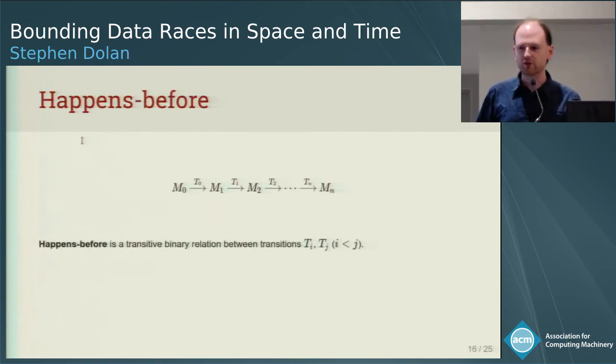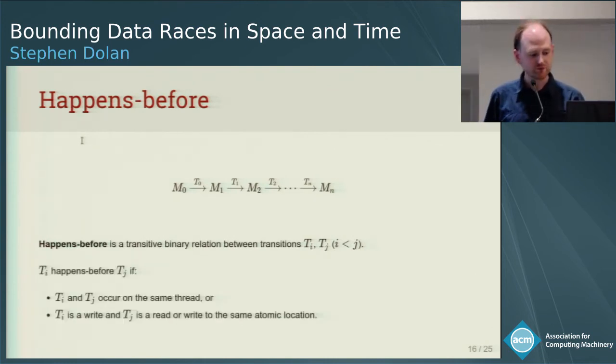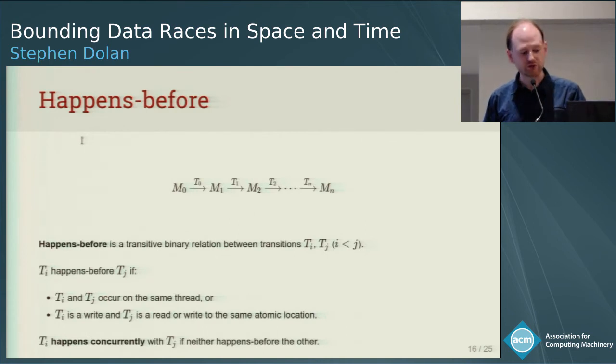Then we say the happens-before relation relates steps when the language guarantees the order that they'll occur in. It's a binary relation between the transitions where TI happens before TJ if they're on the same thread, and TI happens before TJ if they synchronize on the same atomic variable and the first one is a write. With that amount of formalism, happens concurrently means that neither of them happens before the other.